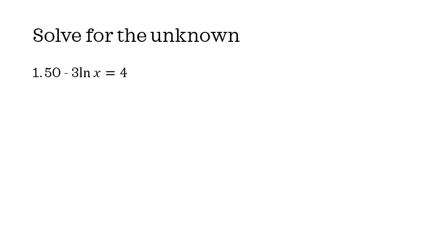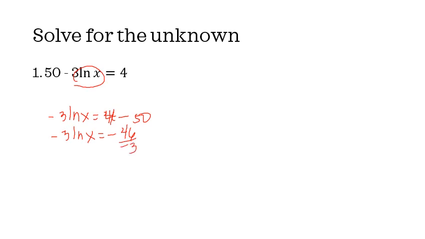Let's try to solve for the unknown. Given that we have 50 minus 3 ln x equals 4, we need to isolate the unknown. So we have negative 3 ln x is equal to 4 minus 50. So negative 3 ln x is equal to negative 46.